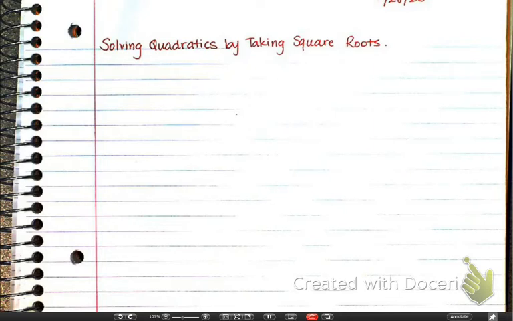2 more. Solutions. Zeros. Not y-intercept. X-intercept. Roots. Solutions. X-intercepts. Roots, zeros.